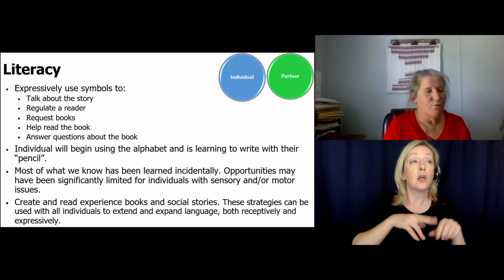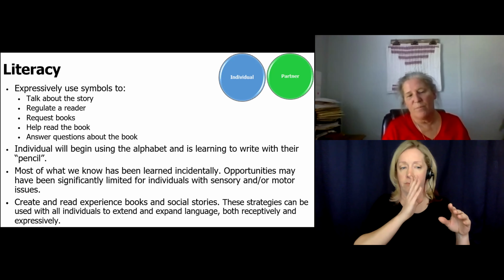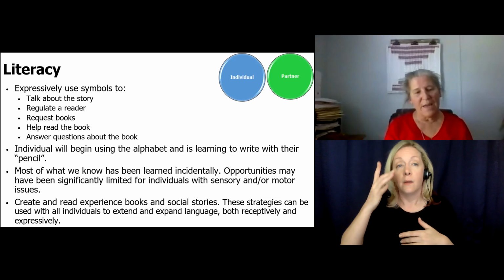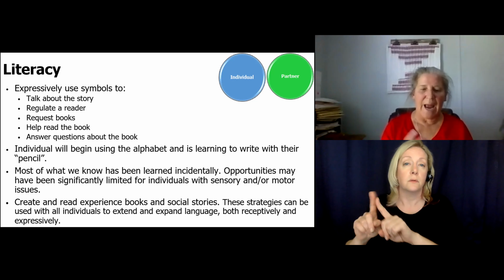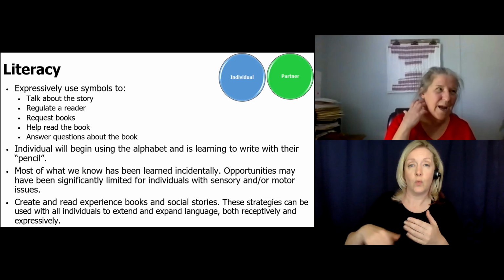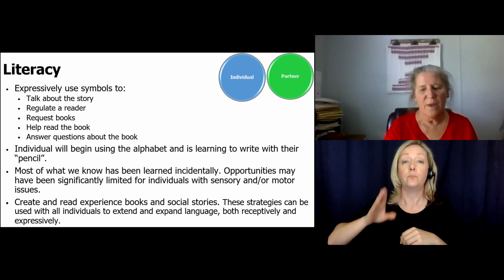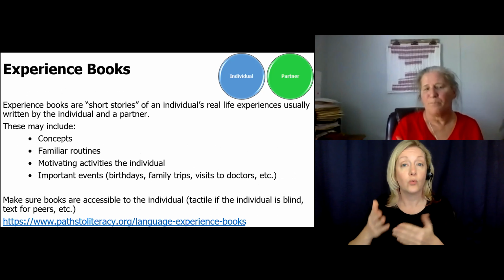We did it very, very early, and nobody really sat down and taught us. Well, now we need to think about these learners and creating those things. So we create and read experience books and social studies, stories, and different things like that will help.